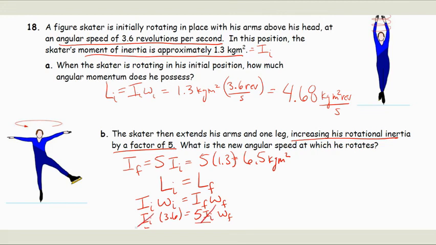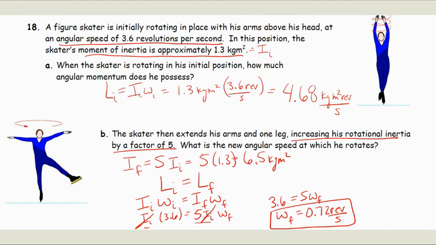But what I'm showing you here is that you didn't even really need to. So you end up getting 3.6 equals 5 omega final. Divide both sides by 5, and you get your new angular speed is equal to 0.72 revolutions per second.